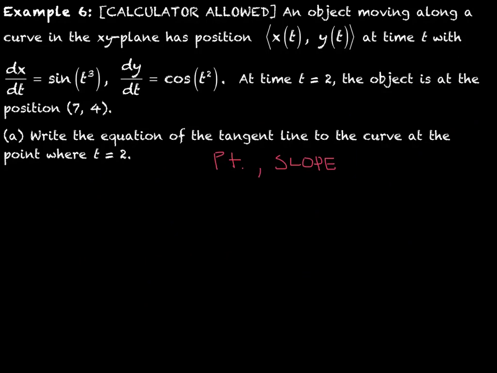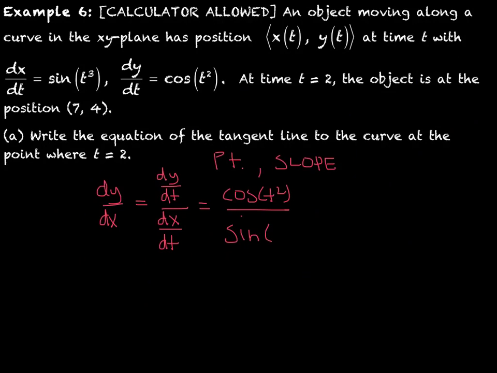So we need to make sure first and foremost that it is in radian mode. And then you're going to plug in time 2. So essentially we need the slope. So remember, dy/dx is equal to dy/dt over dx/dt. Alright, and they give us dy/dt, that's just cosine of t squared, and then dx/dt is sine of t cubed.